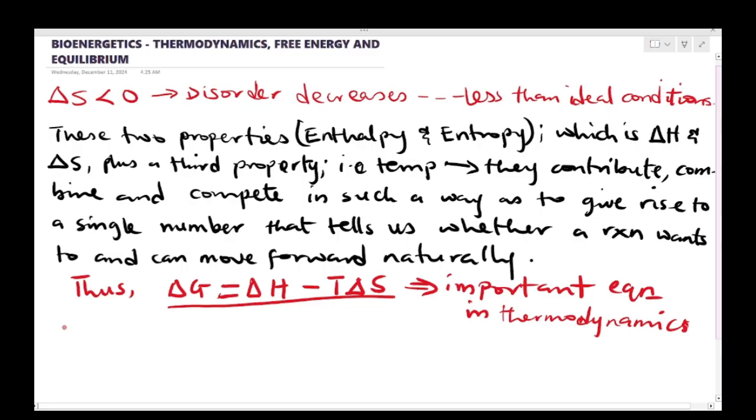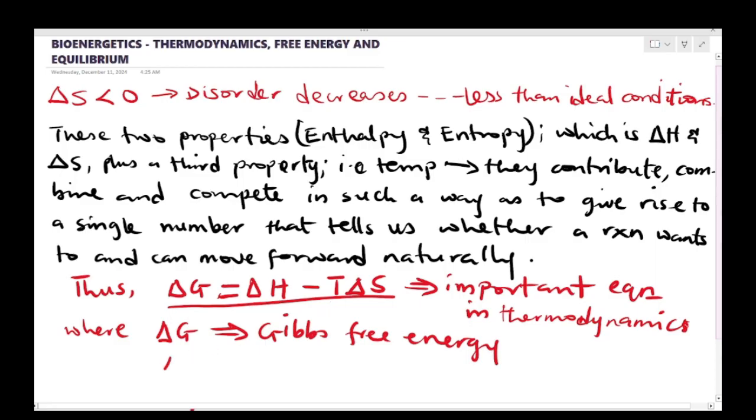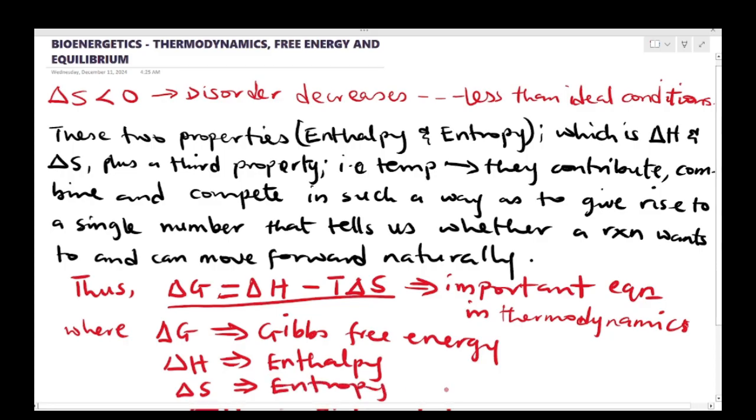Delta H is the enthalpy, delta S is the entropy, and of course T implies temperature.